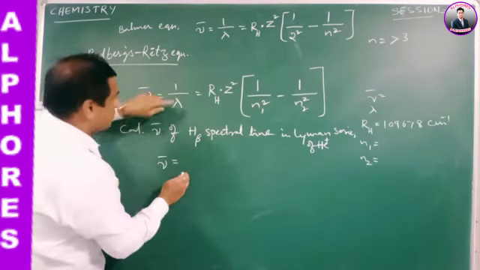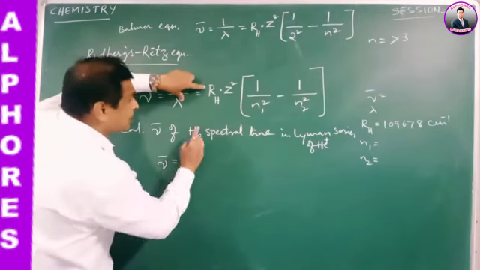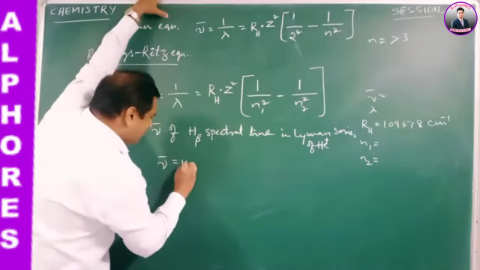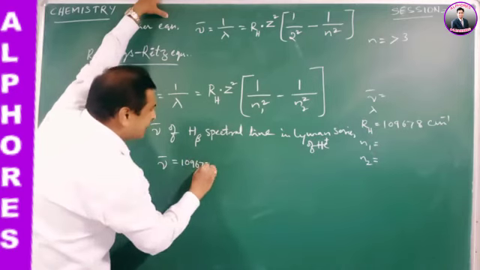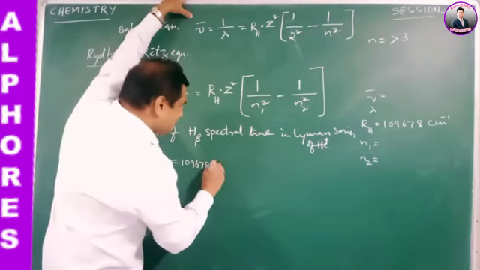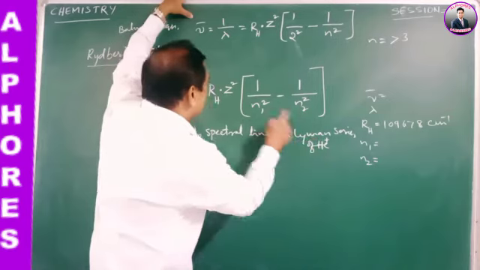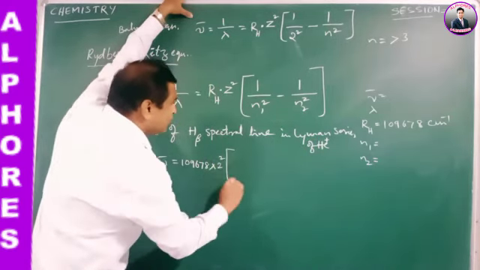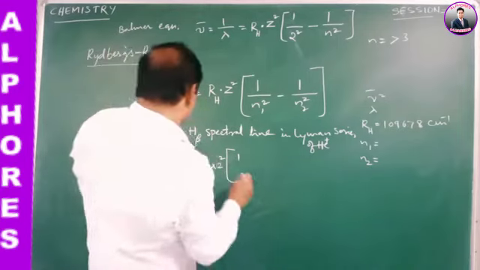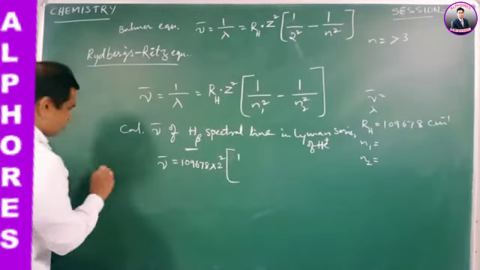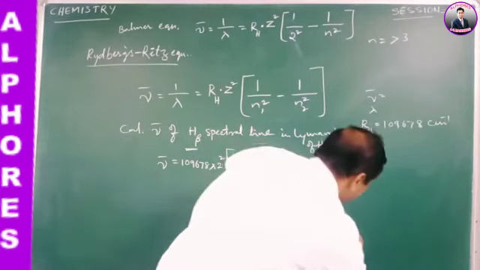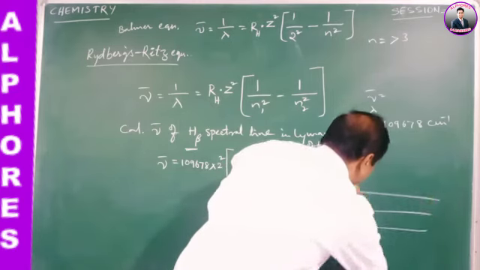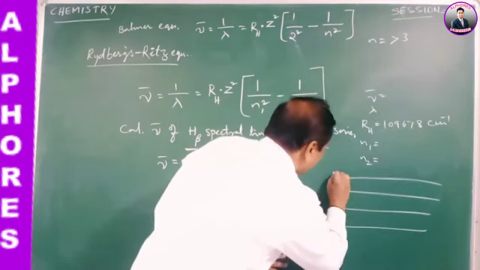So nu bar equals R_H, which is 109,678 centimeter inverse, into helium's atomic number 2 square, into the H beta line.